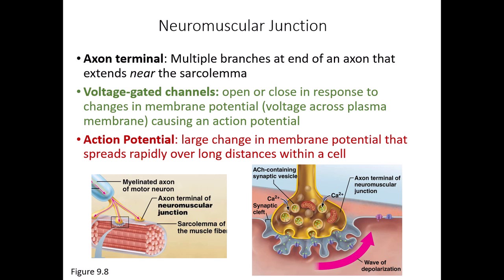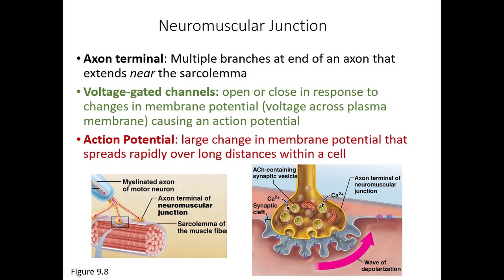So that's what came down the axon initially, and that is what we want to trigger across the sarcolemma of the muscle cell. But in between, we need to translate that electrical energy into chemical energy to get it to cross the synaptic cleft.